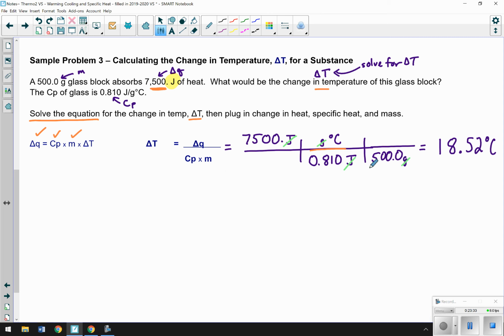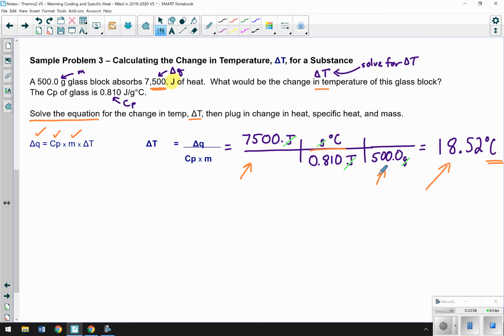Notice how the units cancel, and what you end up with for units is degrees C, which is the units of temperature. And this is the temperature increase that would happen to my glass block when I added 7,500 joules of heat to a 500 gram mass of glass.